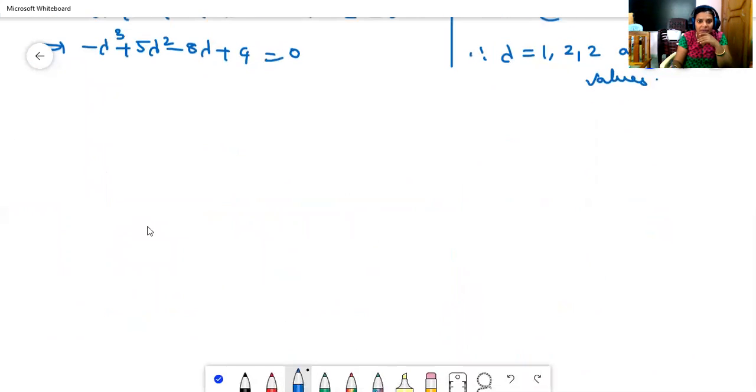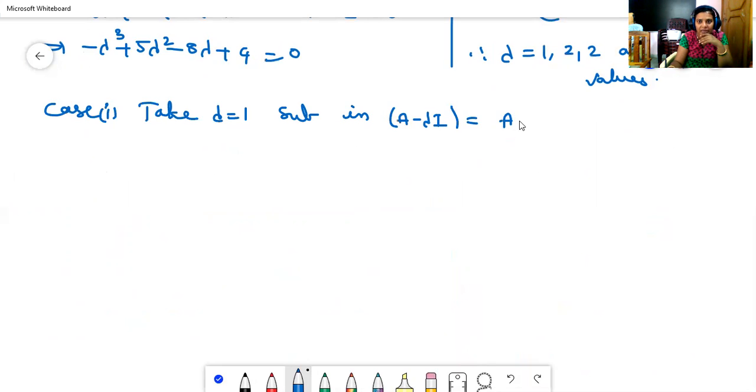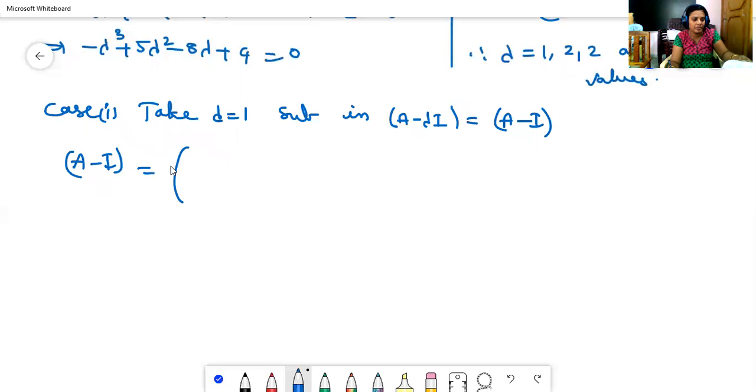For case 1, take lambda equal to 1, substitute in A minus lambda I, that is A minus I. Here A minus I is equal to 3 minus 1, 2, 2, 1, 2 minus 1, 2, minus 1, minus 1, minus 1, 0 minus 1.